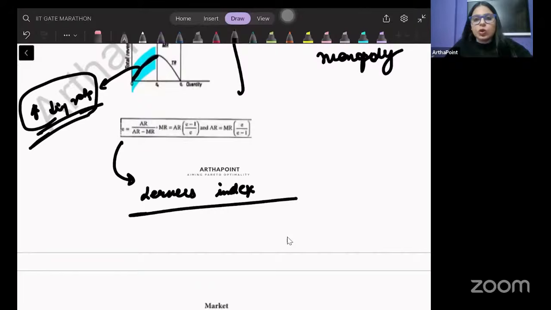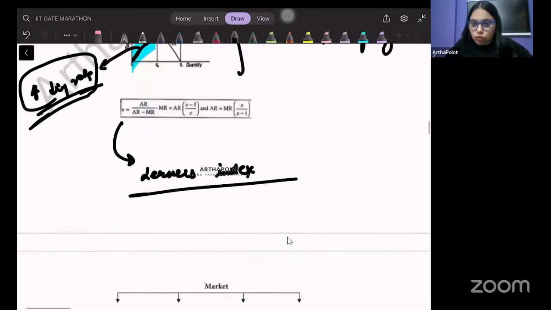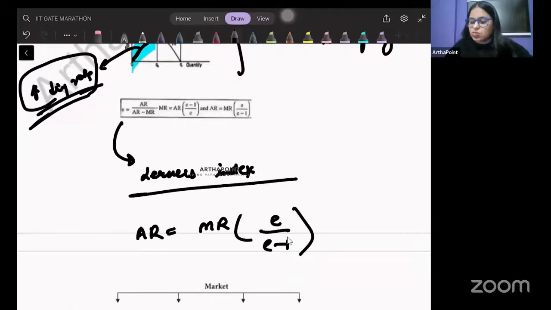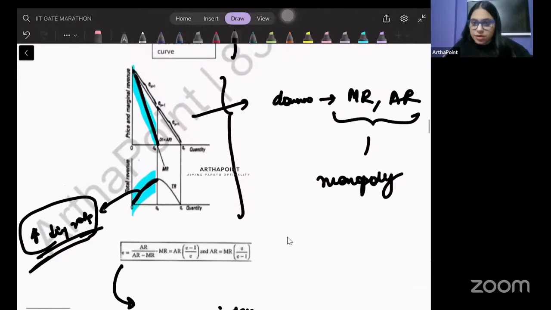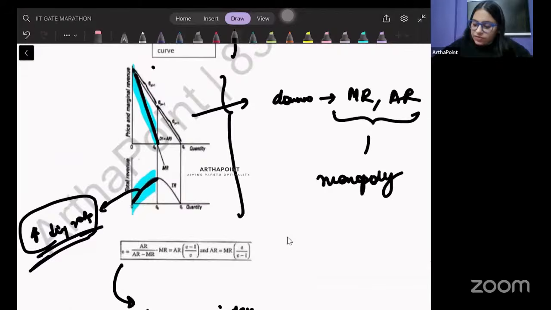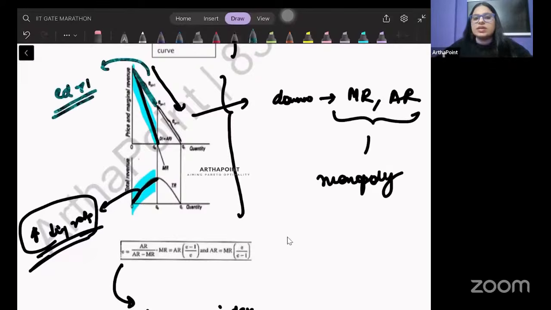And where we had gone ahead and we had proved that you can write your AR as MR times E upon E minus 1. Now, in this case, just remember that whenever you will have downward sloping AR and MR curve, you can only go ahead and produce in this region, in the elastic region where elasticity of demand is greater than 1.